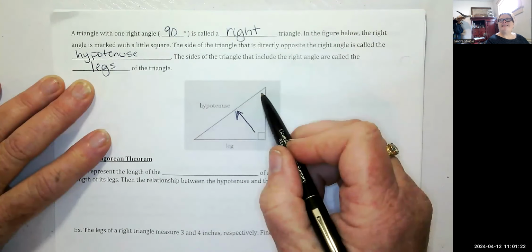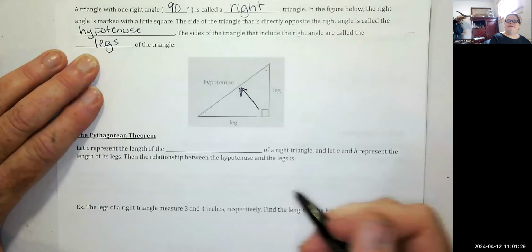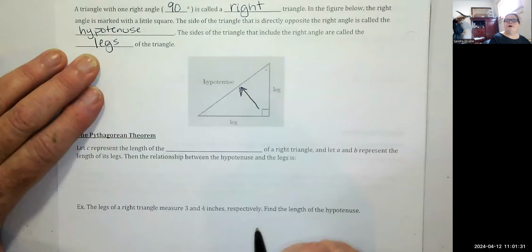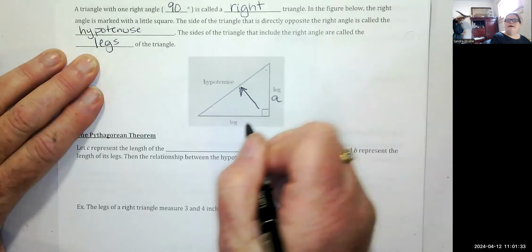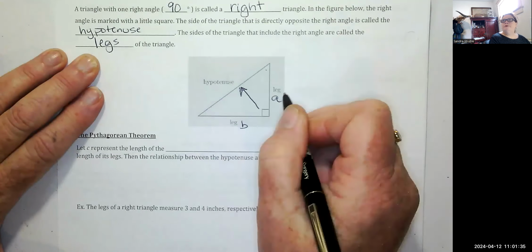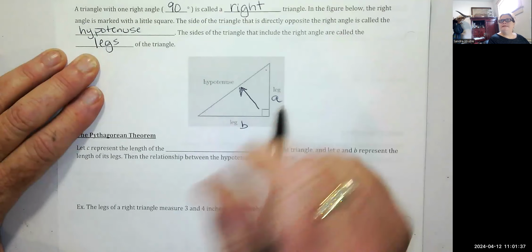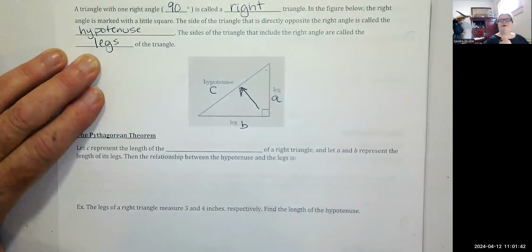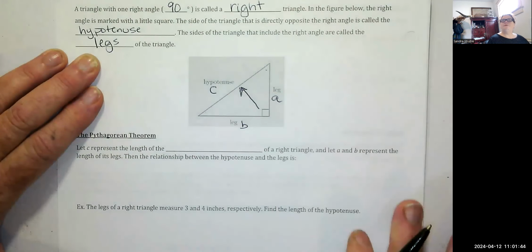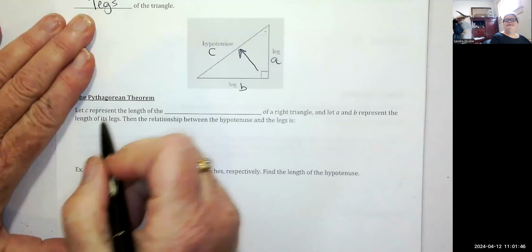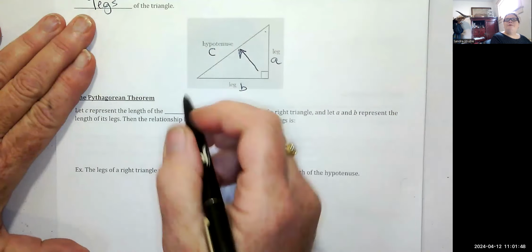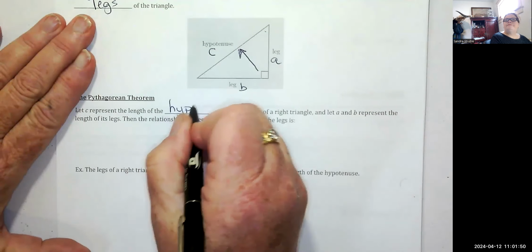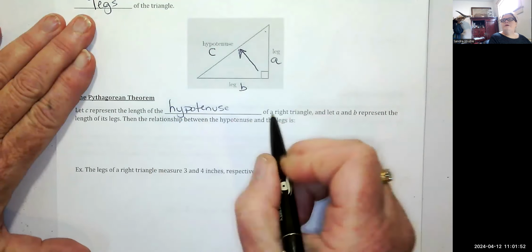I'm going to let you know a theorem here in a second, and we're going to label this triangle with legs A and B, and these are interchangeable. We could have leg A here and leg B here. It doesn't matter. What matters is the hypotenuse is always going to be represented by the letter C. Keep that in mind as we move forward. The C represents the length of the hypotenuse of the right triangle.